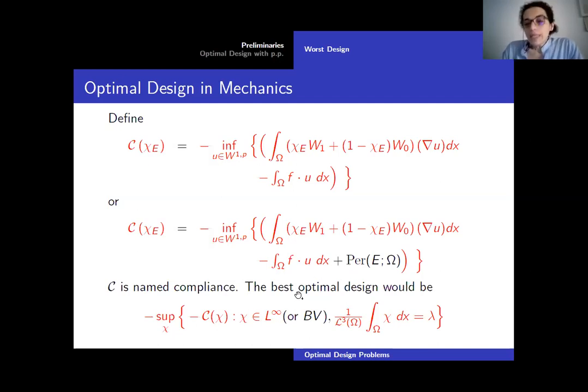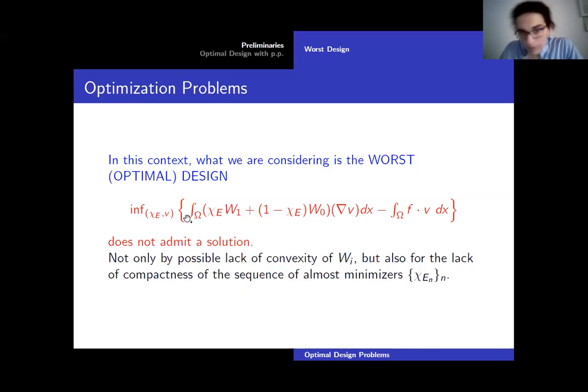Well, the first observation is indeed the following, that if one wants to go for, for instance, the damage model or the worst design, and one neglects the presence of a perimeter, then one wants to consider this minimum problem. This minimum problem does not have a solution. And the idea is that, okay, you need to look for a closure.